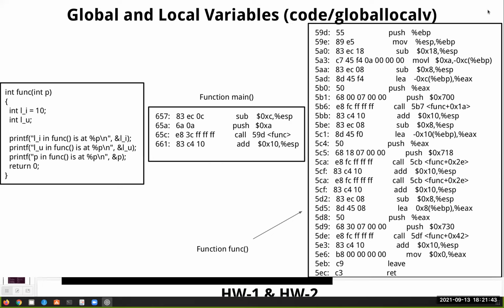It should be 16 plus 8, right? 24 bytes. So we reserve 24 bytes for local variables. In that function, we call printf multiple times. Yeah, we're calling printf multiple times. And where's printf?